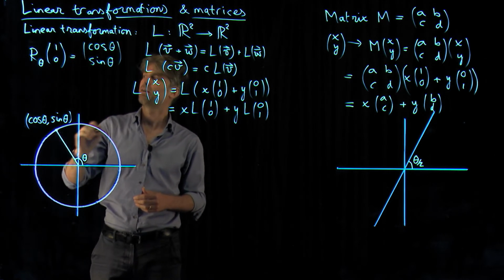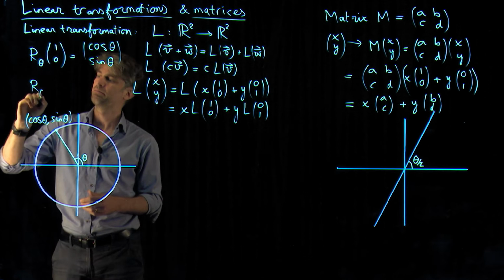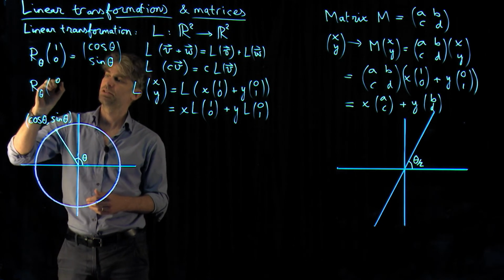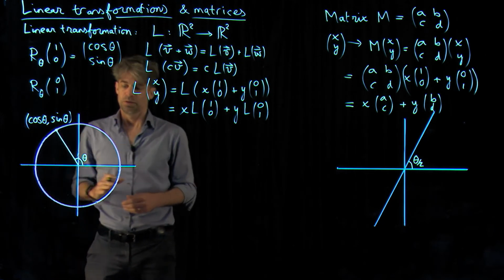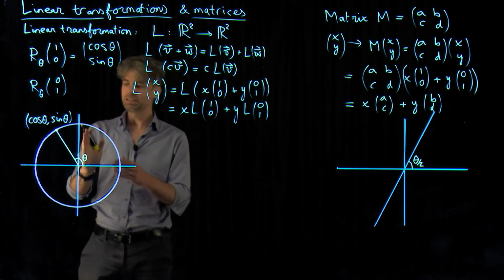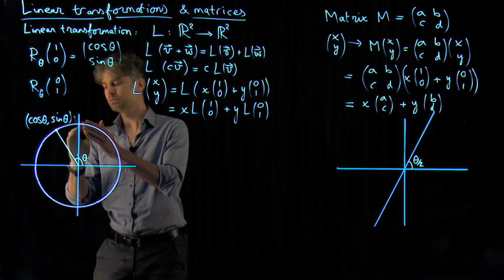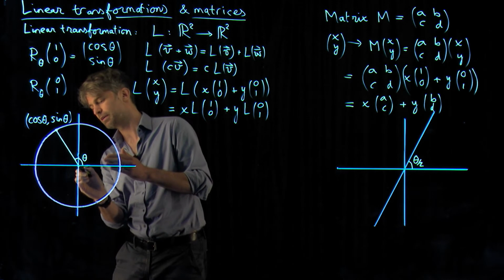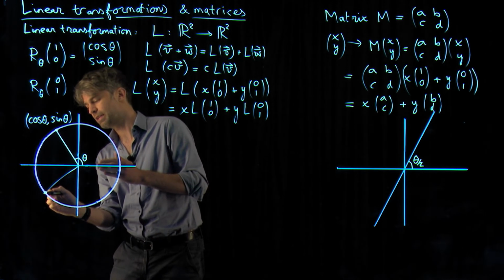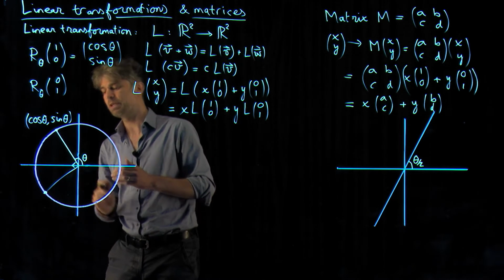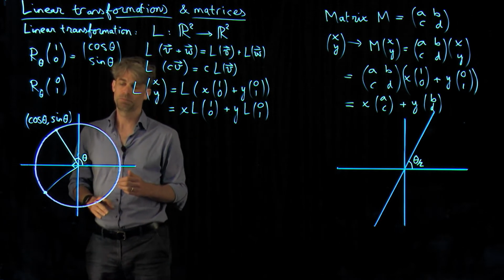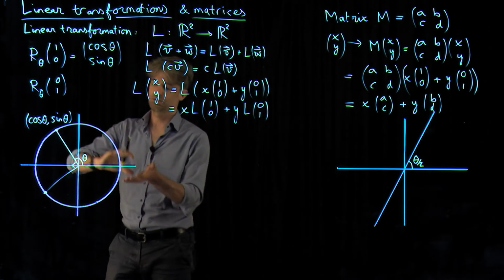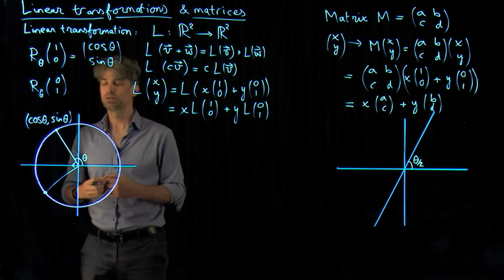Great. Okay, what happens with the other basis vector, 0, 1? Well, we can make our lives a bit easy. It will rotate by the same angle. It will be here. And then this angle, of course, will still be a right angle, because rotation maintains angles.